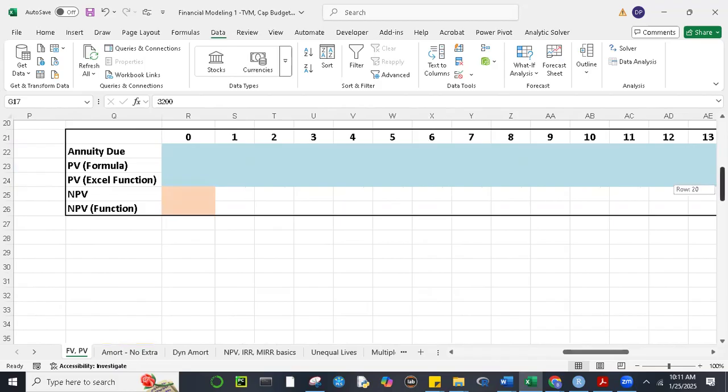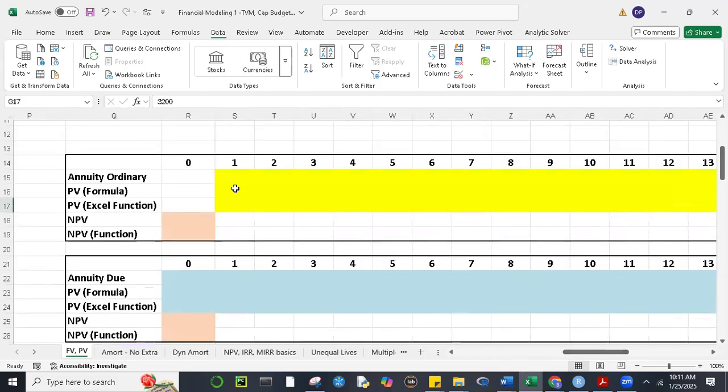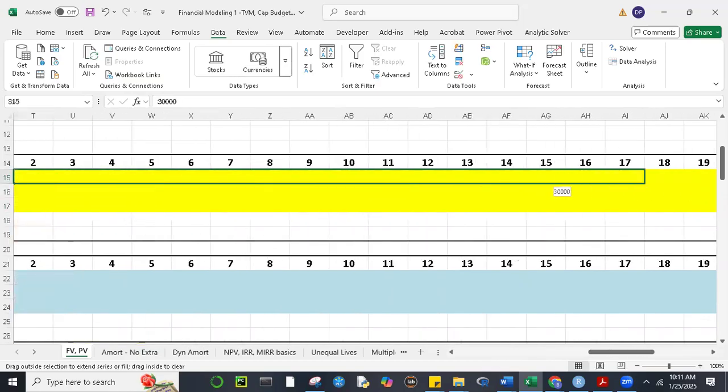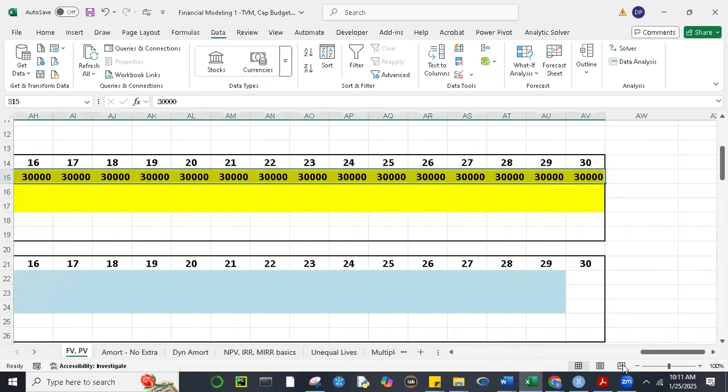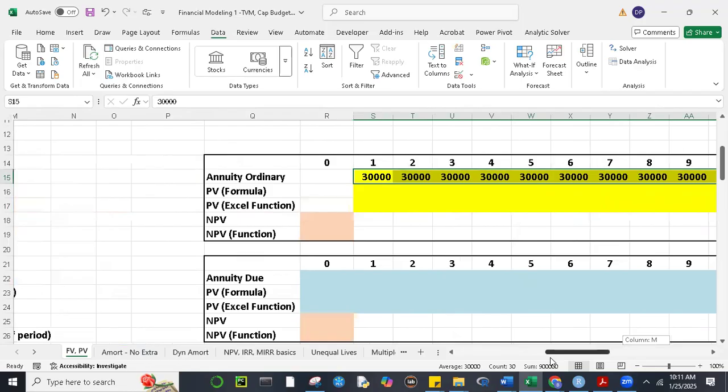All right, so 30,000, this is the ordinary annuity, right? 30,000 for 30 years.